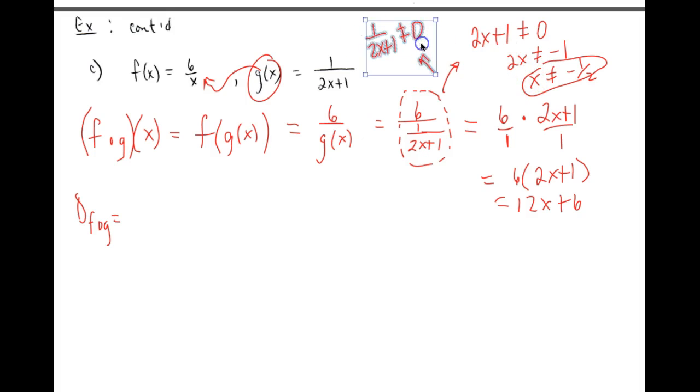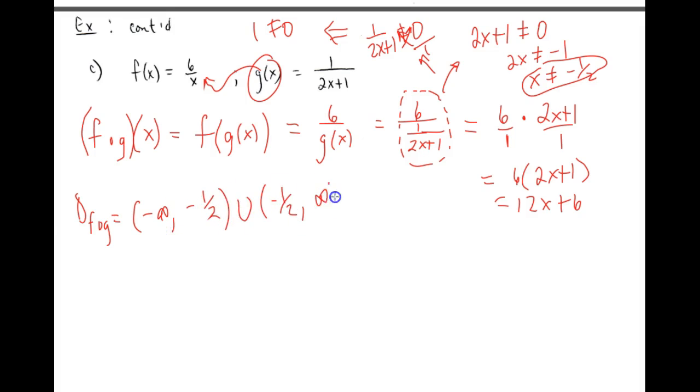On this side, if we put this over 1 and cross multiply, the result is just that 1 is not equal to 0, which means we have no solution there. Put another way, there's no value of x that we can plug into 1 over 2x plus 1 to equal 0. So the only restriction that we have is that x cannot equal negative 1/2. To write that in interval notation, that would look like this.